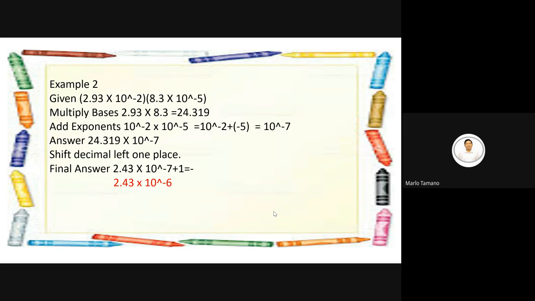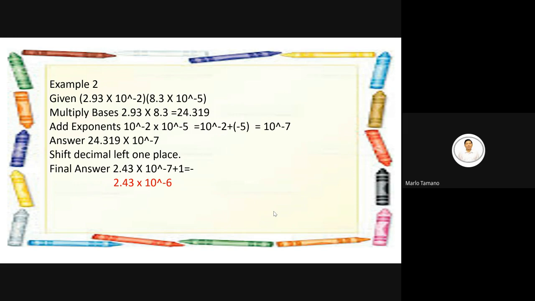Then, add the exponents. So, 10 to the negative 2 times 10 to the negative 5. Again, in adding like signs, what shall we do? You simply add and copy the common sign.